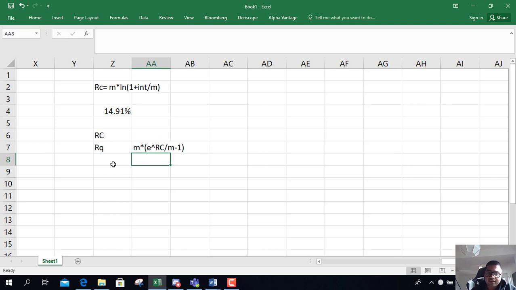So this is the formula. We are doing the reverse thing. Instead of converting to a continuous compounding rate, we have the continuous compounding rate and we are converting it to quarterly compounding.